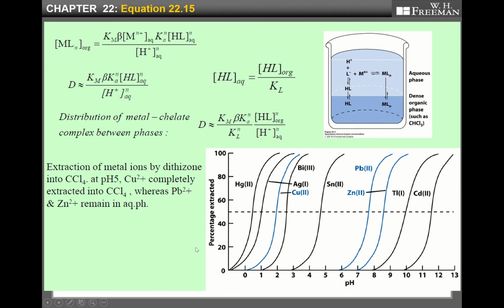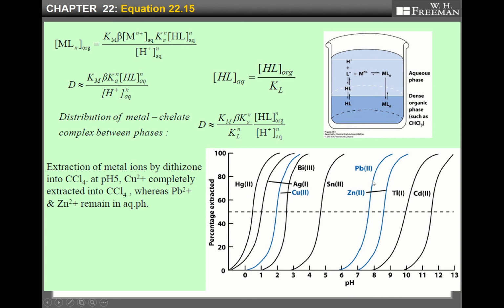At pH 5, divalent copper is here. At pH 5, the percentage extracted is already 100%, so copper is completely extracted into CCl4.